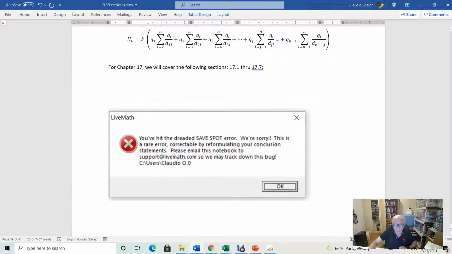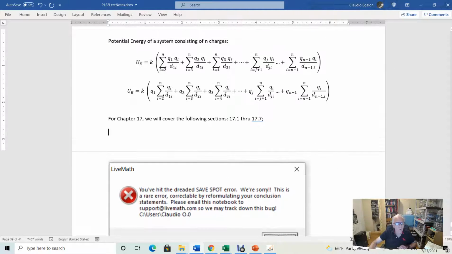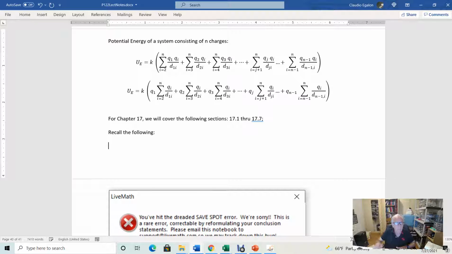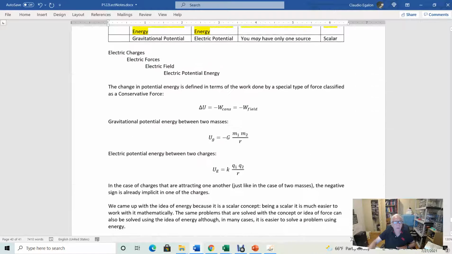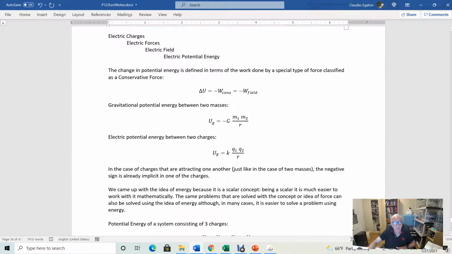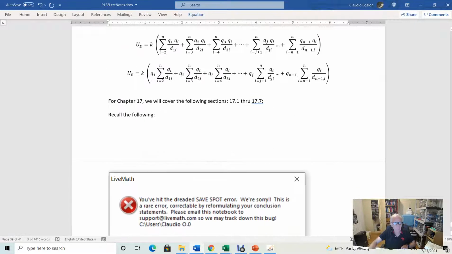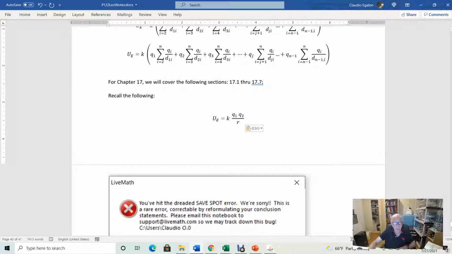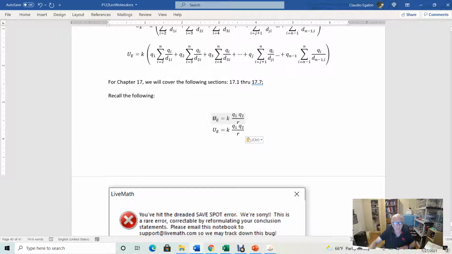Let's go back here. Recall the following. I'm going to write down the electric force. I'm going to use this one here, right? And I'm going to do this one also. Here you go. That's the electric force here.